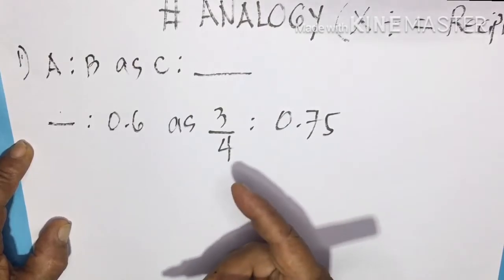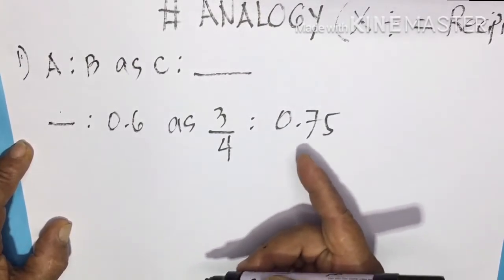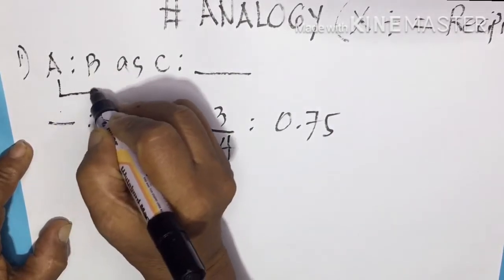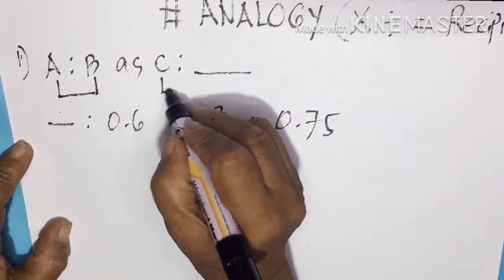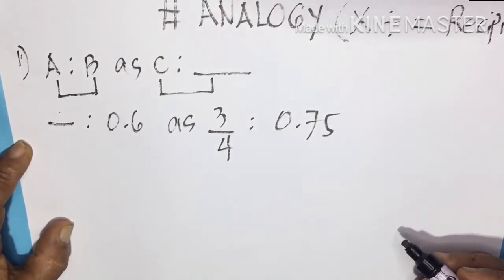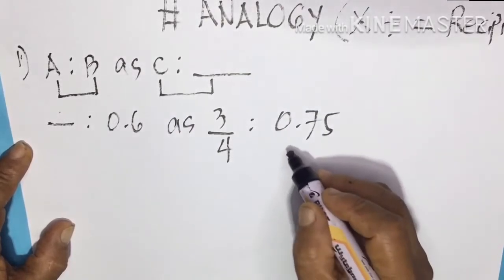You have the hint because 3/4 equals 0.75. So, therefore, A and B are the partners, and C and blank now are the partners. But how to get the 3/4 out of 0.75?